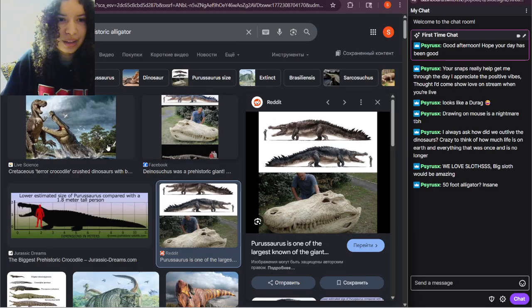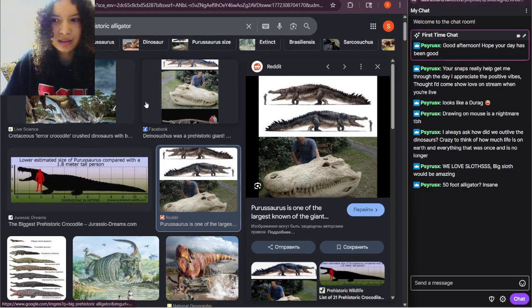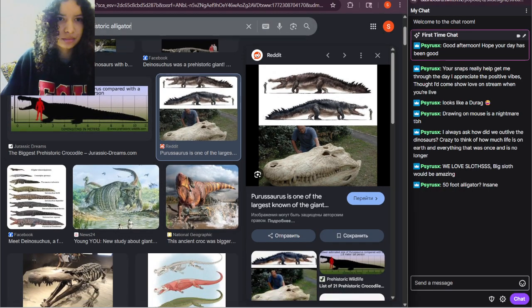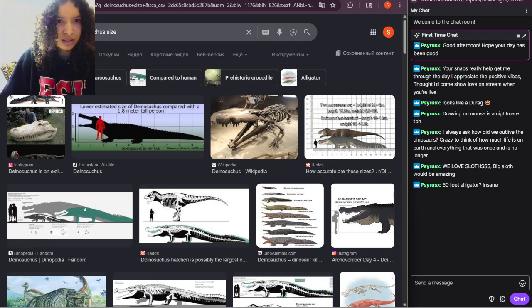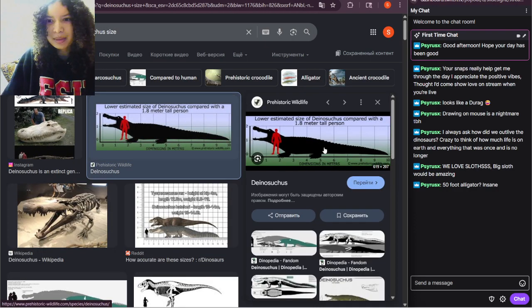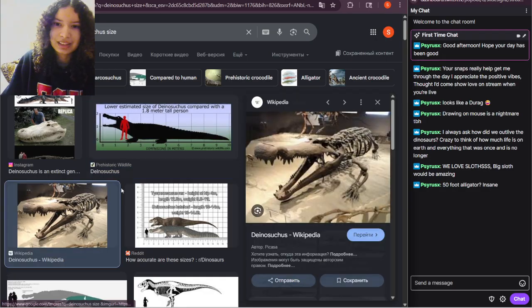Why does one side say Deinosuchus and the other one say whatever this is? Never heard of this one, but that's pretty cool. Let's see the size of the Deinosuchus. They are still very big. Yeah, look at this thing.